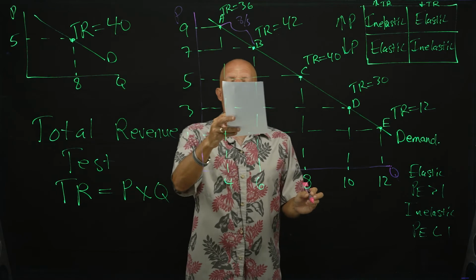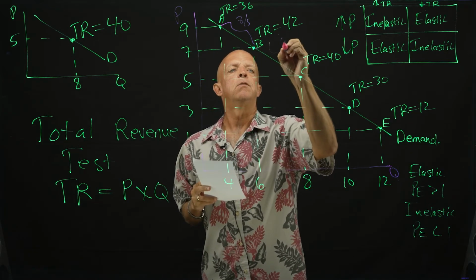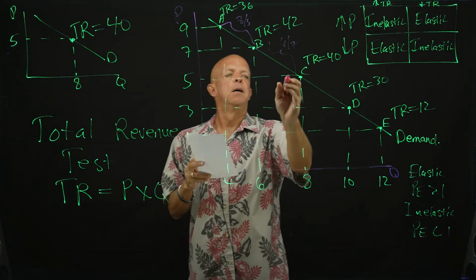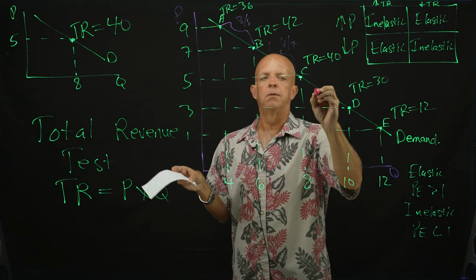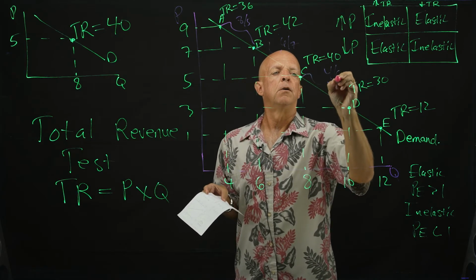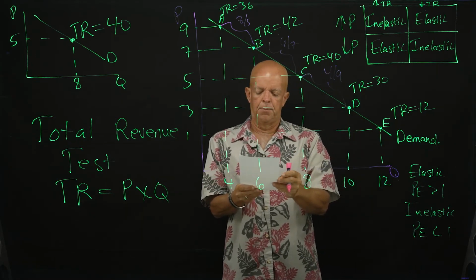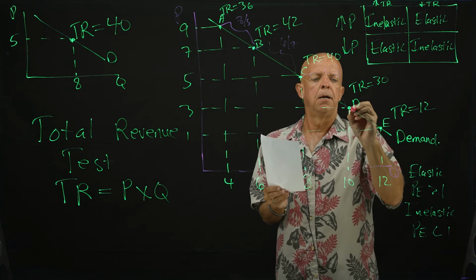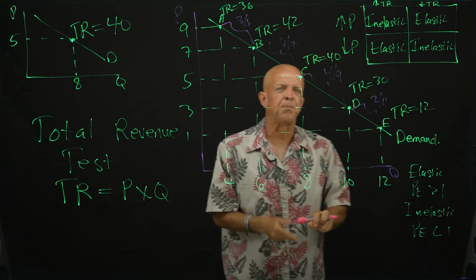The elasticity between B and C is 6/7. Elasticity between C and D, we've calculated it before, is 4/9. And finally, between D and E is 2/11.